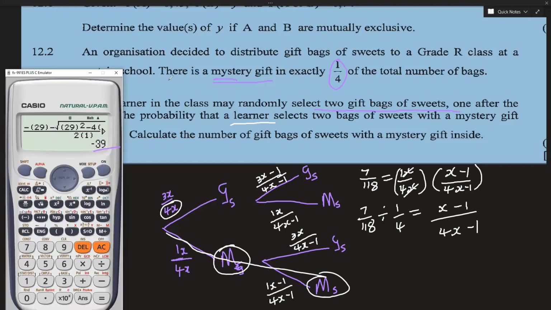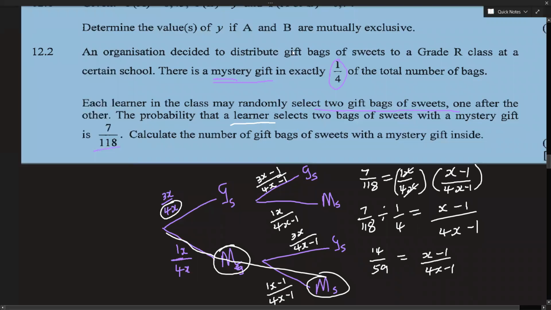Let's see what answer we get there. Here we have 7/118 divided by 1/4, which is 14/59, equals (x minus 1) over (4x minus 1). From here, I'm going to cross multiply.